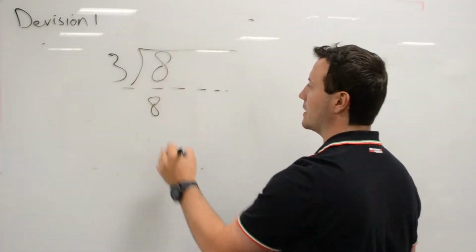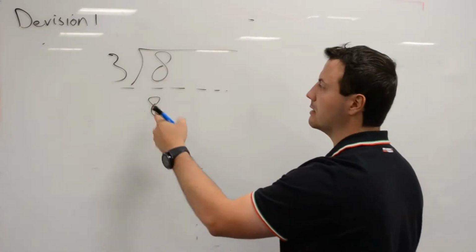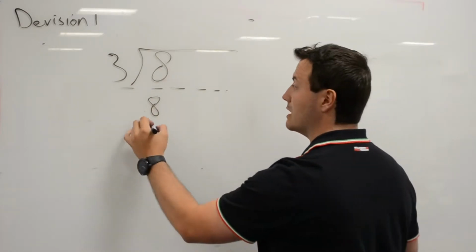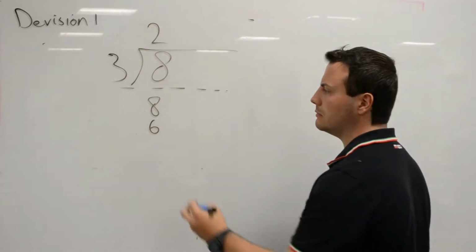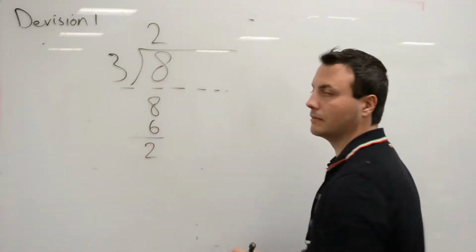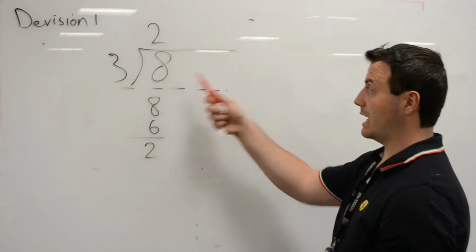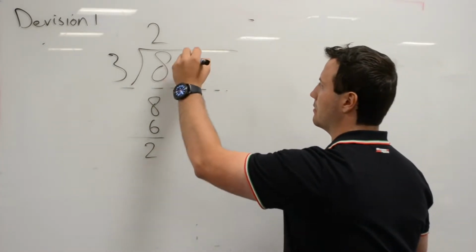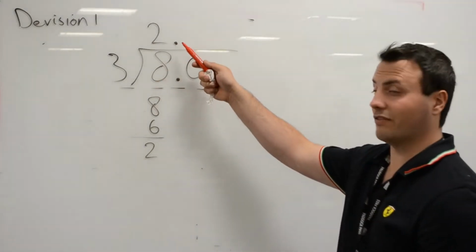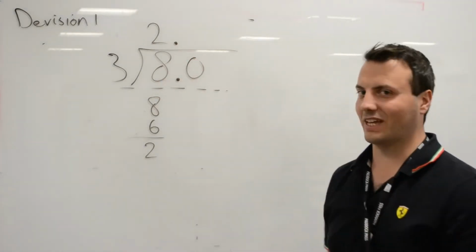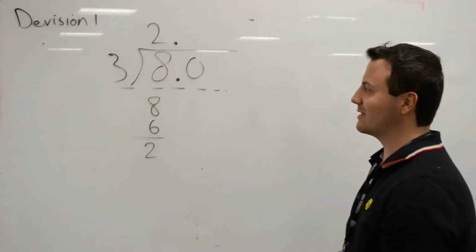Bring 8 down to the workspace. The largest multiple of 3 that fits into 8 is going to be 6, which is 2 lots of 3. That leaves you 2 remainder. So now remembering 8 is 8.0, it's a good habit to put the decimal point in first before you go any further. Otherwise, if you add it at the end, you're likely to make a mistake.